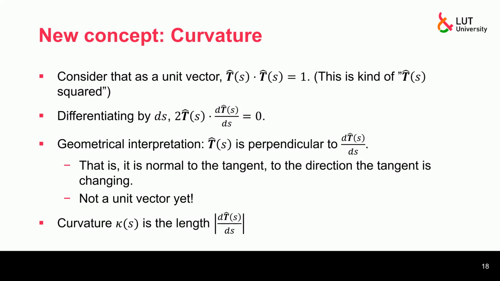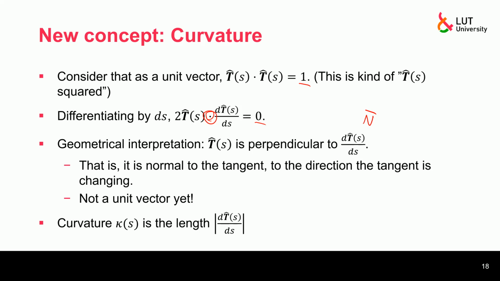And the derivative of 1 is 0. T'(s) is perpendicular, because the dot product between those two is 0, so these must be perpendicular to each other. So this is a kind of normal vector, but no hat yet, just a prime. So not a unit vector.